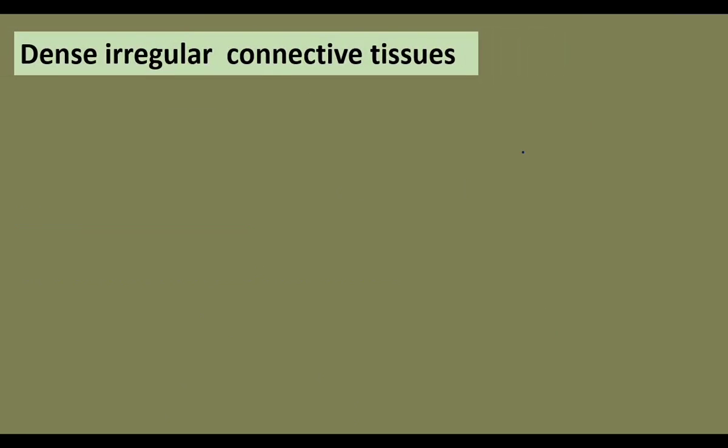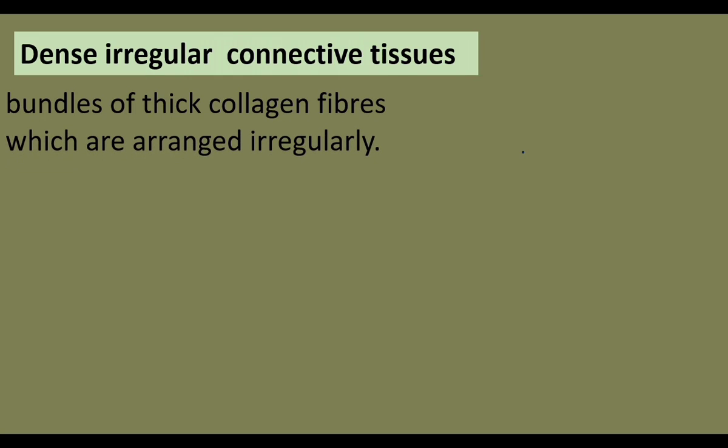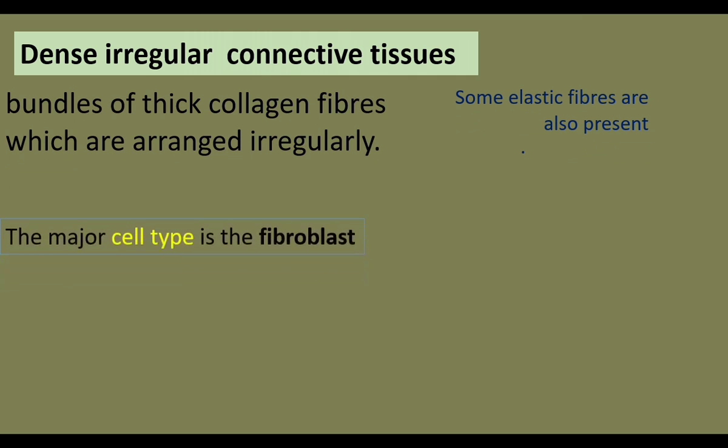Dense irregular connective tissues are made up of bundles of thick collagen fibers. But the collagen fibers are arranged irregularly. Here also some elastic fibers are present. Collagen fibers are the major fibers. The major cell types are fibroblasts.